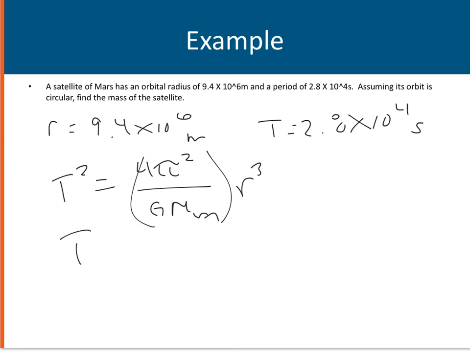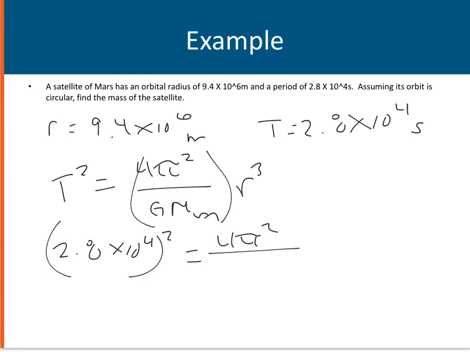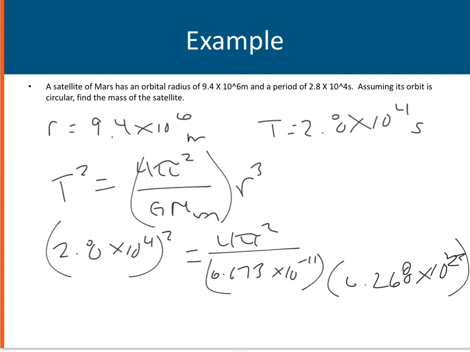So if we plug in, let's plug in for T. So we'd have 2.8 times 10 to the 4th squared equals 4 pi squared over G, which you guys know is 6.673 times 10 to the negative 11, times the mass of Mars, which is 6.268, so it's kind of long to write, but 6.268 times 10 to the 23rd, and then you'd multiply that whole thing by r cubed.